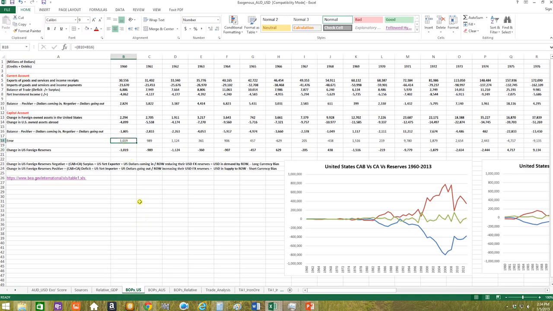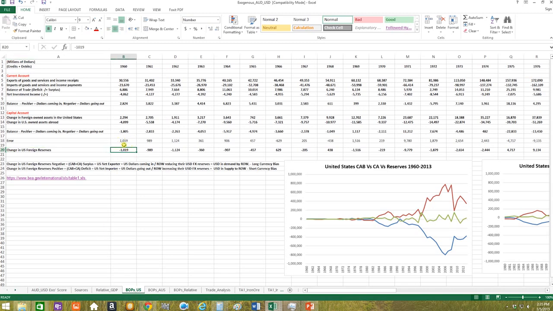But if we just take a step back, if this number is positive and the current account balance and the capital account balance are supposed to net each other out, then this number here represents the amount of US dollars coming in. The balancing item is therefore the flip side of that. So it's the change in US foreign reserves.